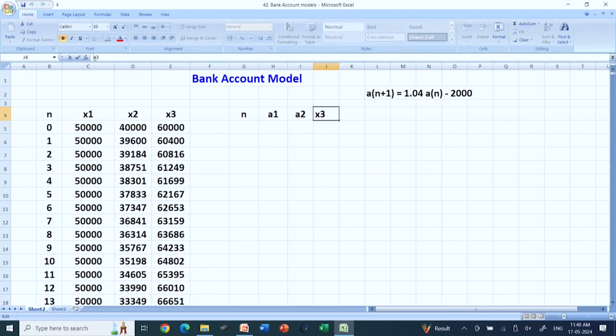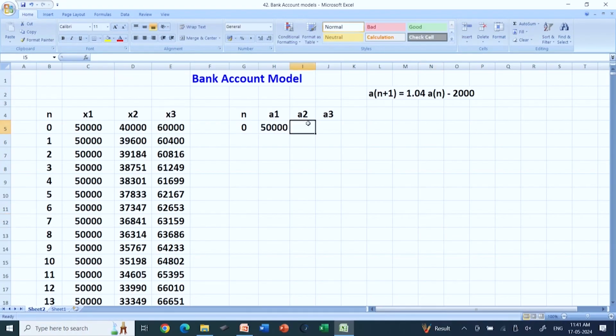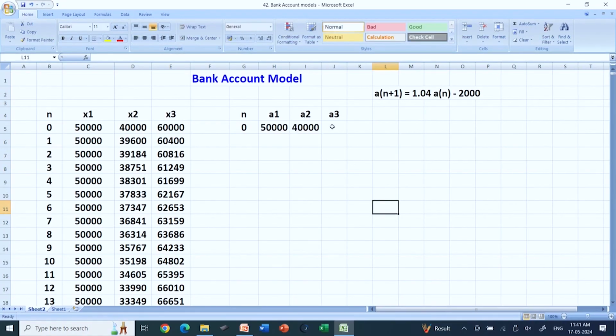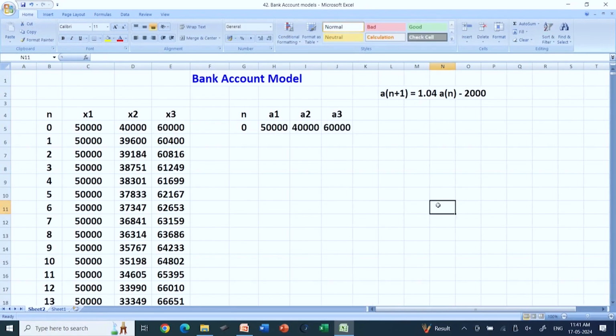So, why these three values? That is because we will start with an initial amount of 50,000, and we will see what happens if it is less than the chosen initial amount and greater than the chosen initial amount.